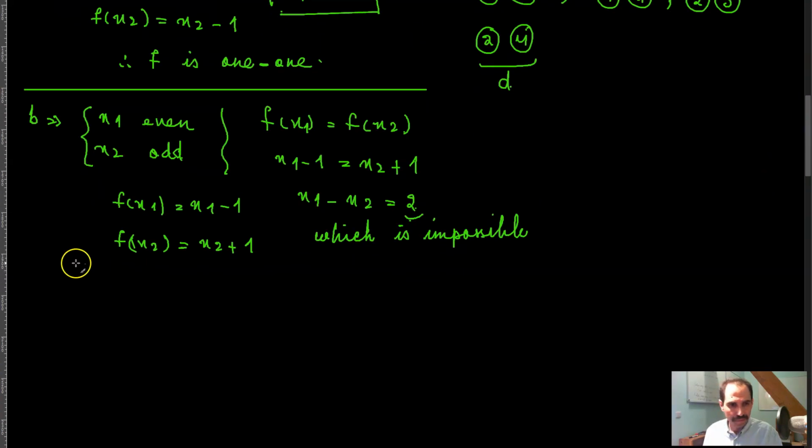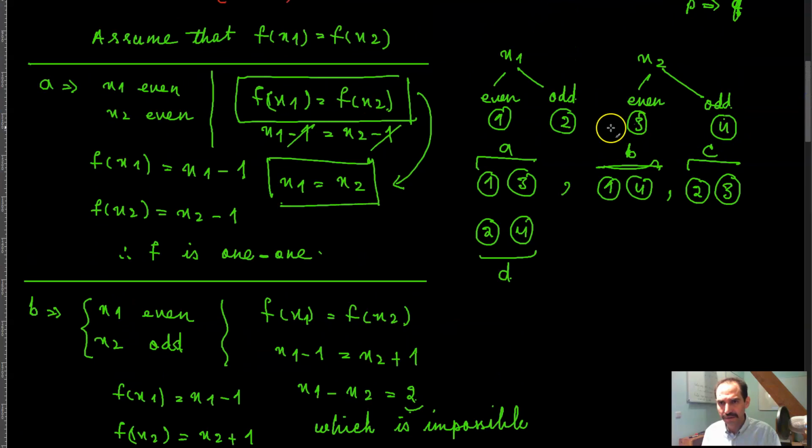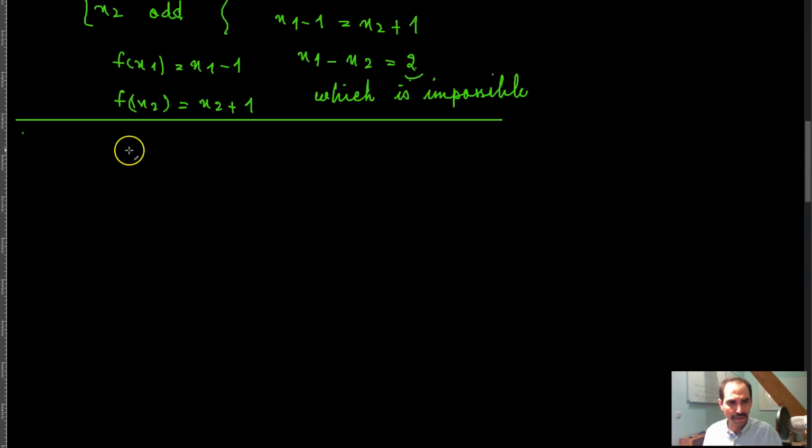So the third part that we have here is, let's say that C is the case. If C is the case, then you have 2 and 3, meaning that x1 is odd and x2 is even.